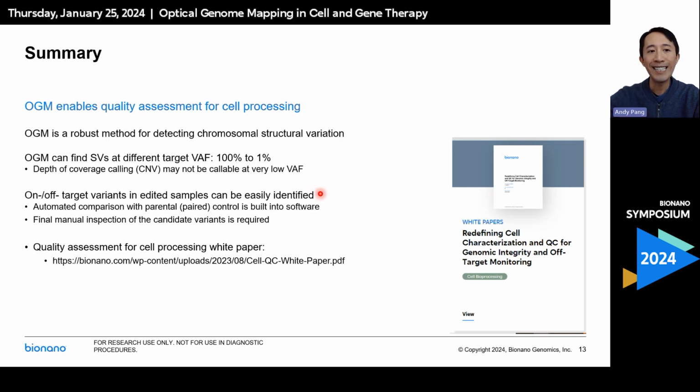The technology can easily identify on- and off-target variants in edited samples. It has automated software to do the comparison with the control sample. But we emphasize that it is still important to do manual inspection of candidate variants. And much of what was discussed in this talk can be found in our white paper, which you can get on our website. And with that, I'd like to thank you for your attention.